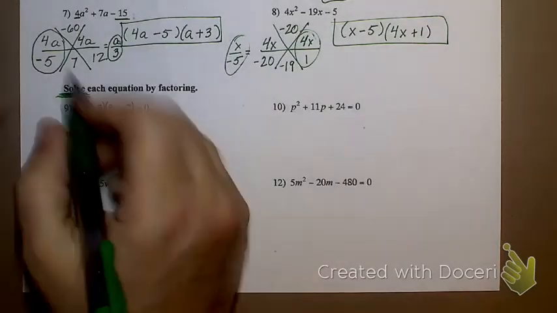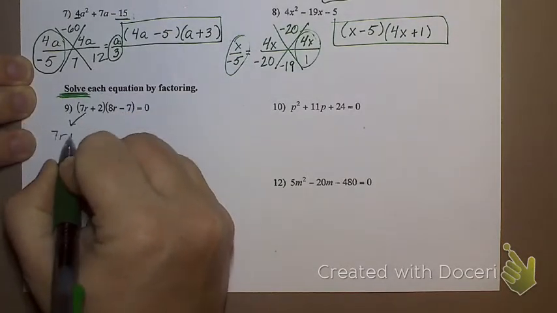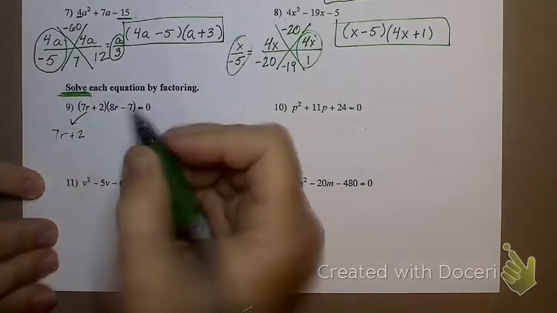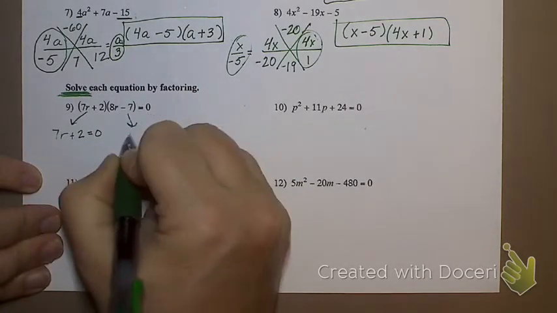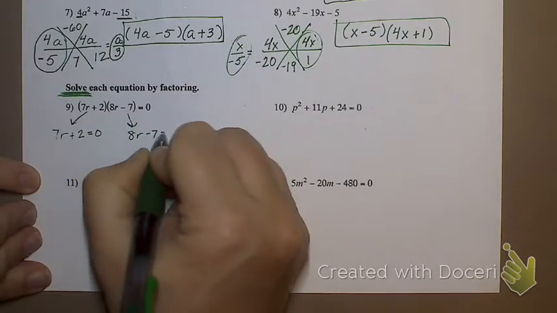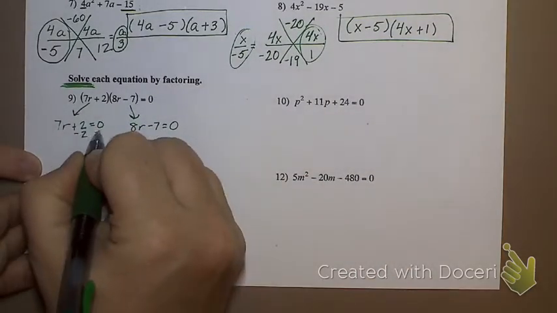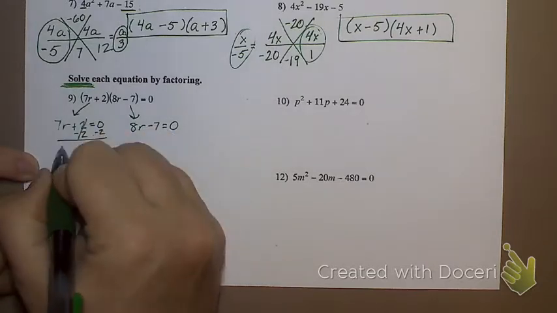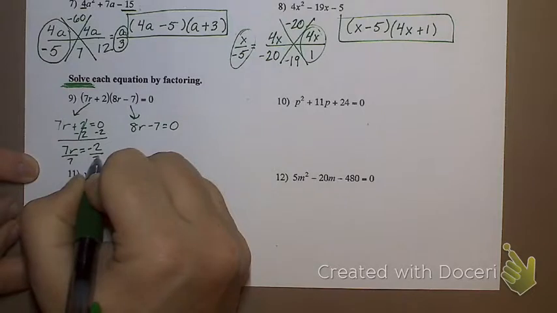So this is where we take each of our parentheses, so like 7r plus 2, and you set it equal to 0. 8r minus 7 equals 0, and I just have to solve those two little things. So I'm going to subtract 2. So 7r equals negative 2. Divide by 7.